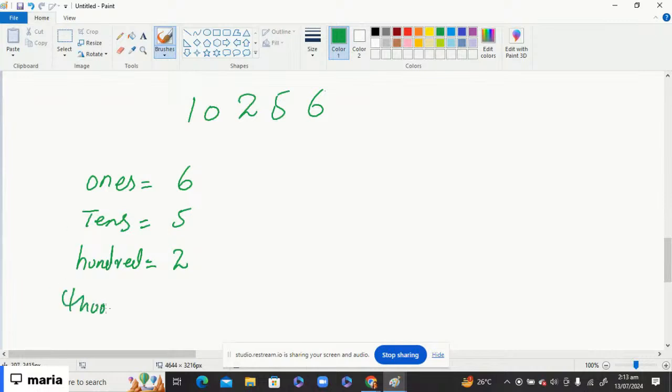Thousand place, which is 0. And now finally the 10,000 place, which one is in the 10,000? That is 1. Okay, you started from here. This is ones, tens, 100, 1000, and 10,000. All right. This is the case where there is no decimal involved.